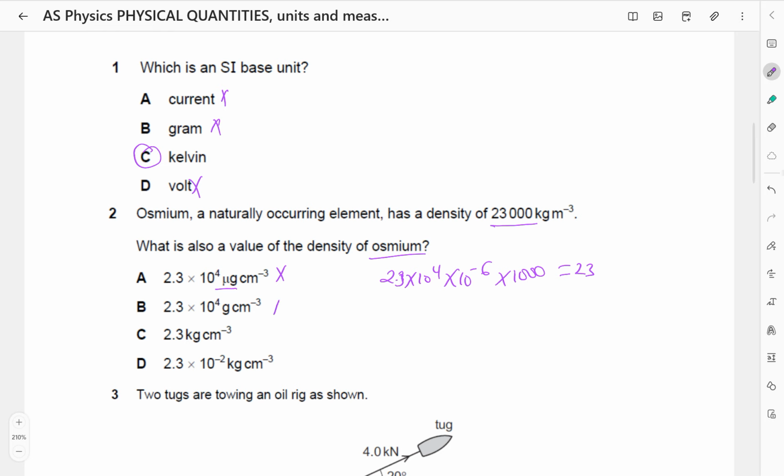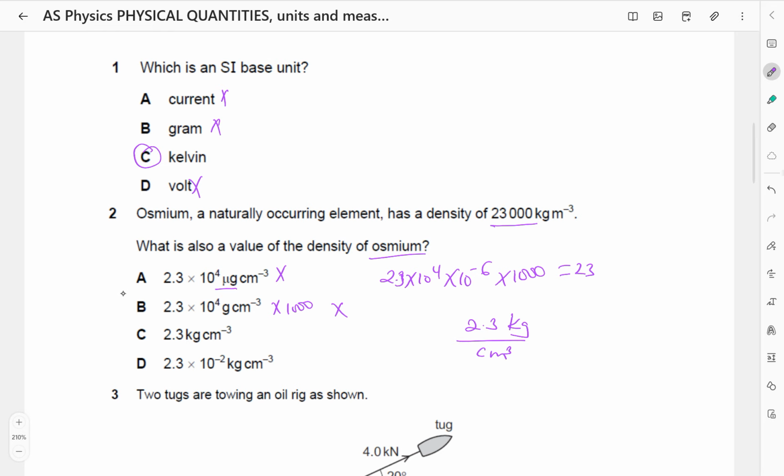This one, just multiply by 1,000, and it is not. That one is out. This one is kilograms per centimeter cubed. So it is 22.3 kilograms over centimeter cubed.